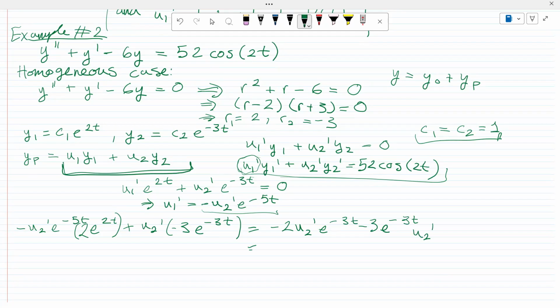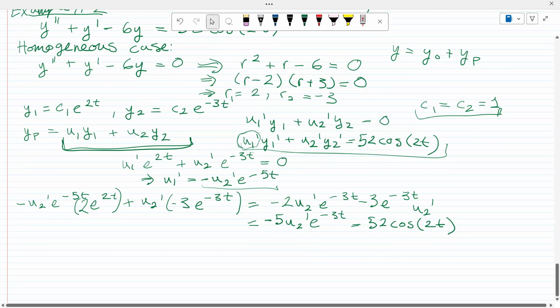Then this simplifies to negative 5 u2 prime e to the negative 3t, and we know that this is equal to 52 cos of 2t. So because of this, we can simplify a little bit further.